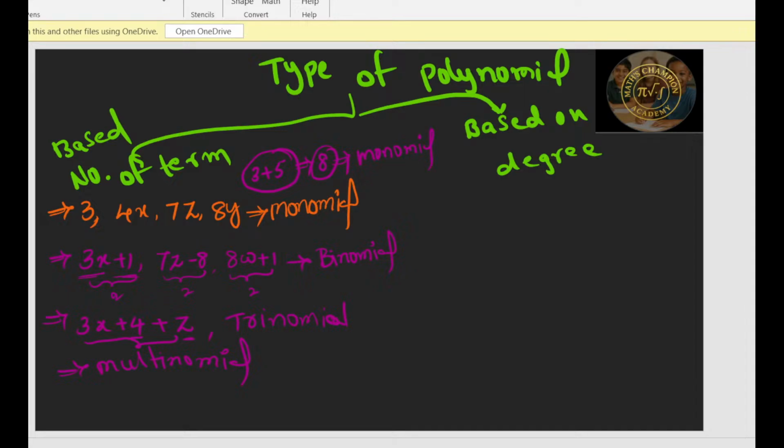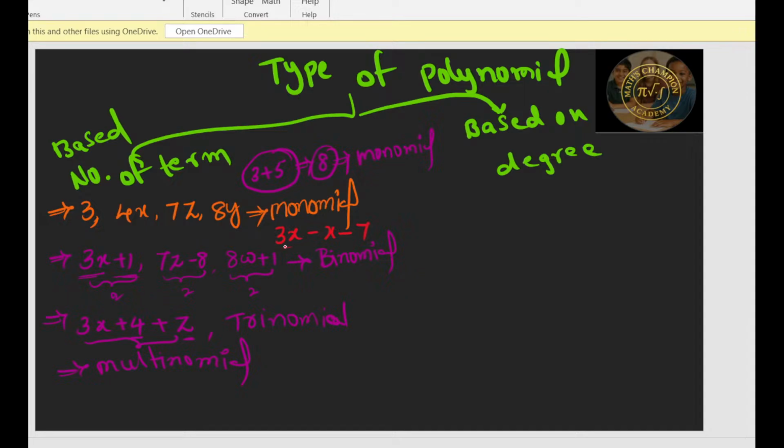Understand this one? For example a binomial: 3x minus x plus minus 7. How many terms are we looking at here?